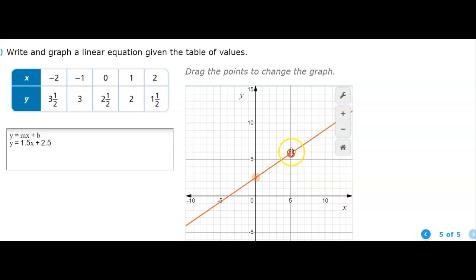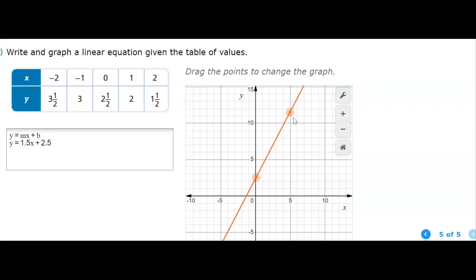That's our y-intercept. And then we have to show our slope. So our slope will be going up 1 and then over halfway. It'll be like this, half, and then over. Yeah, it'll be something like that.